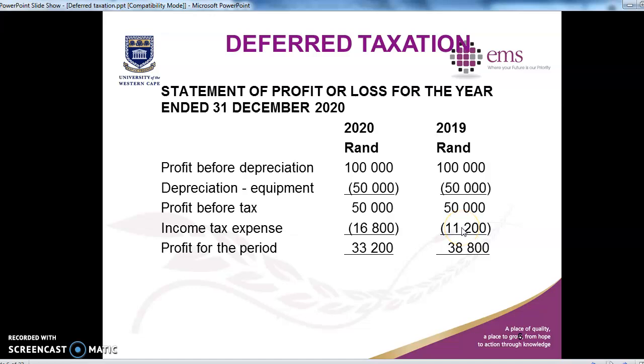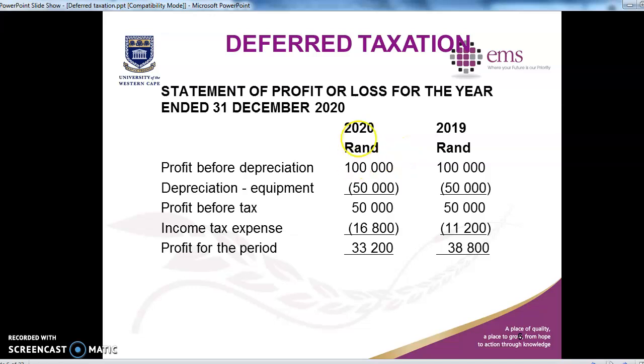This is if we just took current tax into account and didn't take deferred tax into account. So profit before tax is 50,000, current tax is 11,200, and then we have profit for the period of 38,800.